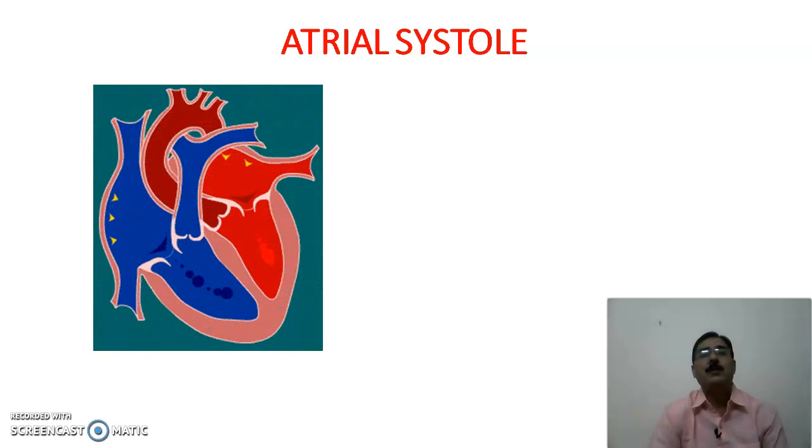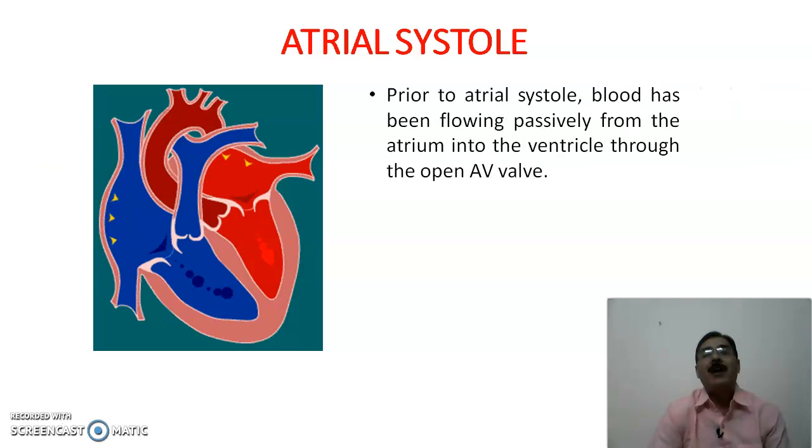Now step by step, the first one is the atrial systole. Prior to the atrial systole, the blood has been flowing passively from the atrium into the ventricle through the open auriculoventricular valve, that is the tricuspid and the bicuspid valve.